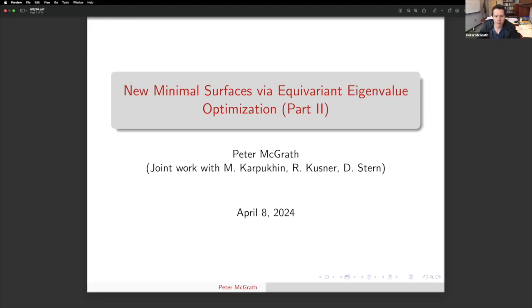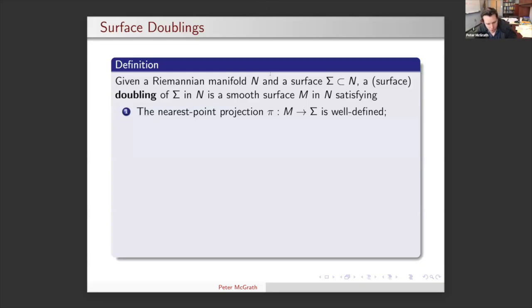So let me start by talking about a very general definition for what are called surface doublings. The setting is that you have three pieces of data. You have an ambient Riemannian manifold, which in this slide will be called N, a two-dimensional surface in N, which at the moment I assume to be embedded, and another two-dimensional surface called M. And we call M a doubling of sigma if the following conditions are satisfied.